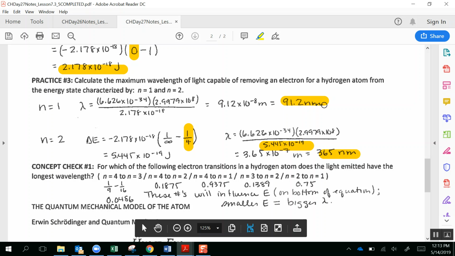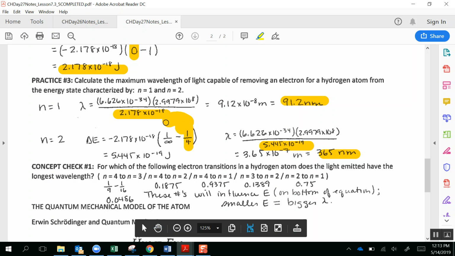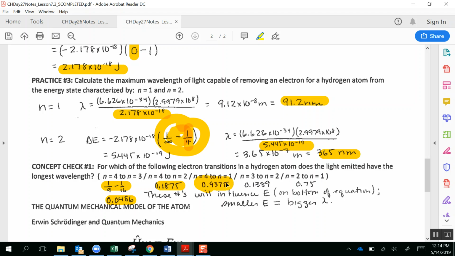For which of the following electron transitions in a hydrogen atom does the light emitted have the longest wavelength? When we calculate wavelength, we're looking at this number down here, and in order to get that number bigger, we have to look at this part of the equation. So if we go from n equals 4 to n equals 3, final minus initial, we came up with this number. 4 to 2, final minus initial, we come up with this number, and then we keep on going.